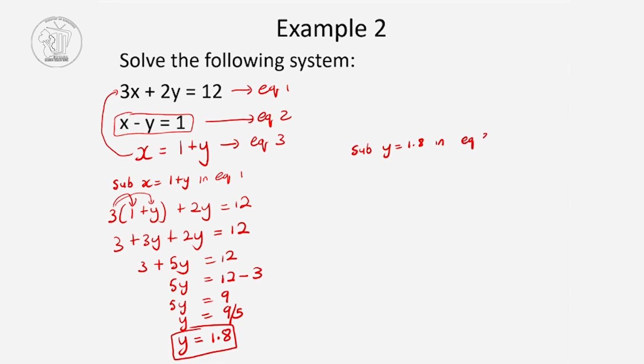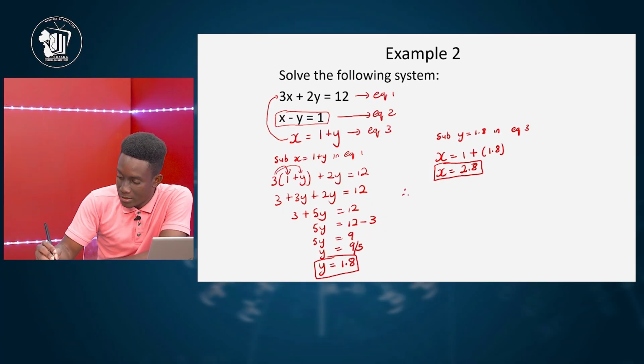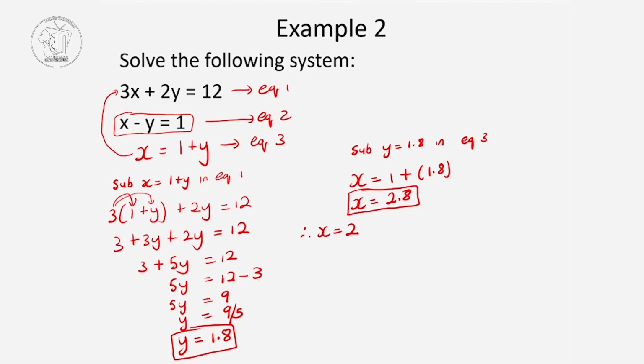So we'll have x is equal to 1 plus, instead of y we say 1.8. So x will be equal to 1 plus 1.8 will give us 2.8. And that will be our value for x. So we can say therefore x is equal to 2.8 and y is equal to 1.8.